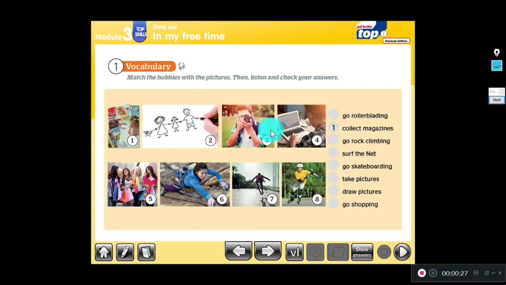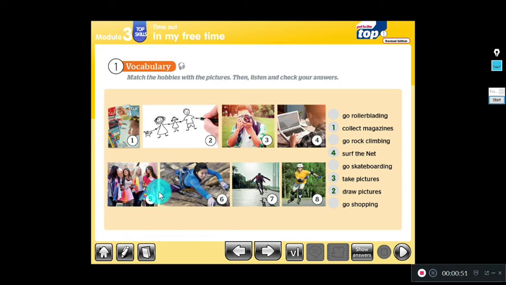This is a draw. So draw pictures. Number 3, he's with a camera. In this case is take pictures. Tomar fotos. Number 4, he's using his computer. So it's gonna be surf the net. Es como decir navegar, investigar en computadora.